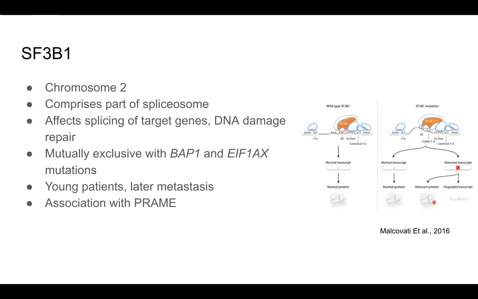With 10 to 24% frequency in uveal melanoma cases, it is often found to be a mutated gene when the patient is much younger. Mutations in this gene are associated with later metastasis of the cancer, often 5 years after the uveal melanoma diagnosis.